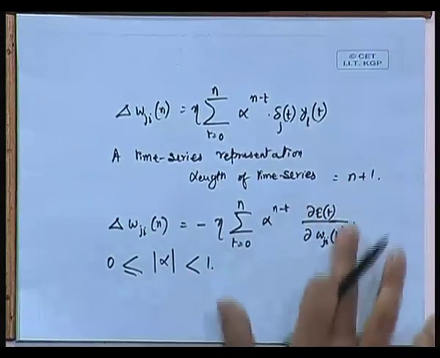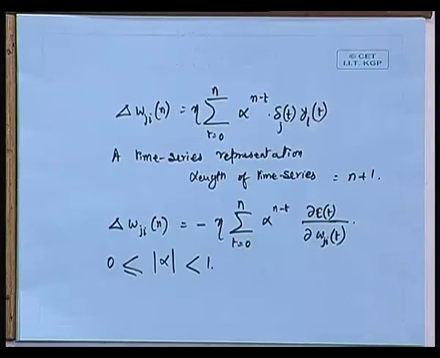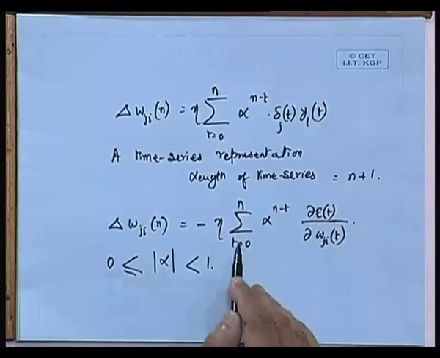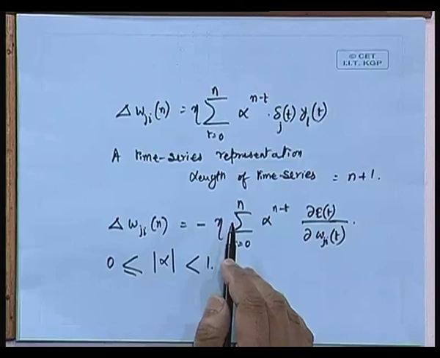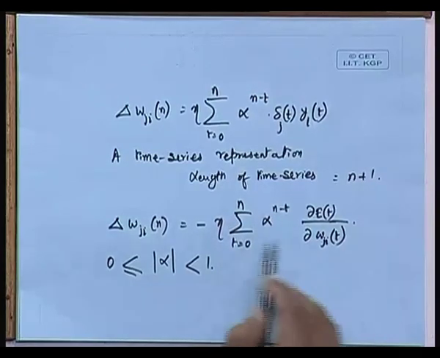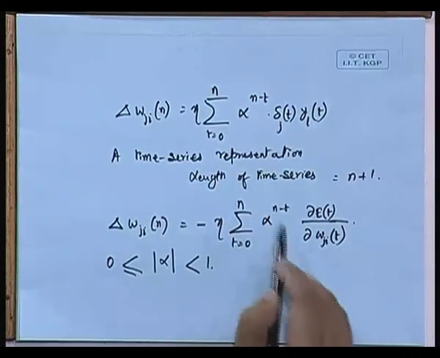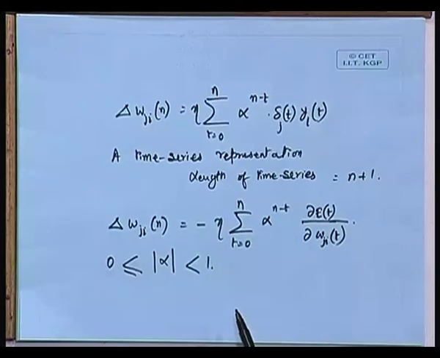There is also some consideration we can have on this dou E dou Wji term. We have n plus 1 such terms, and they are getting added up with the value of alpha to the power n minus t. Now, alpha is positive in this case.